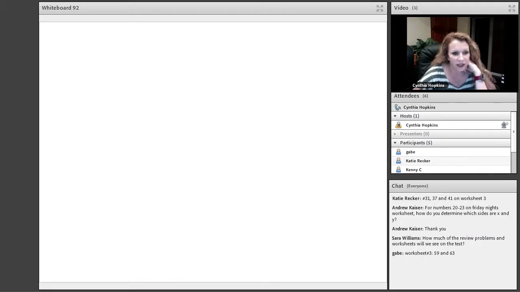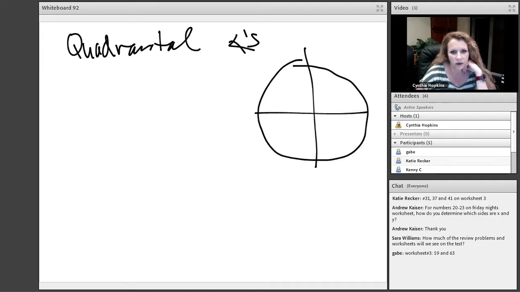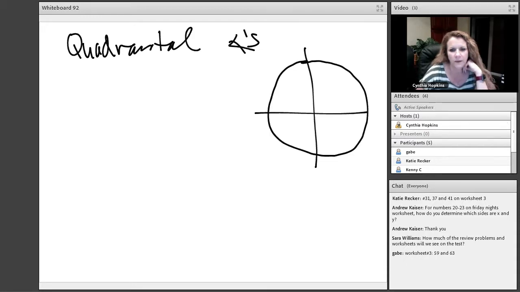Okay, finally, let's talk about quadrantal angles. Quadrantal angles are angles that terminate on an axis. So let me just draw my unit circle. Oh, that wasn't great. Okay.